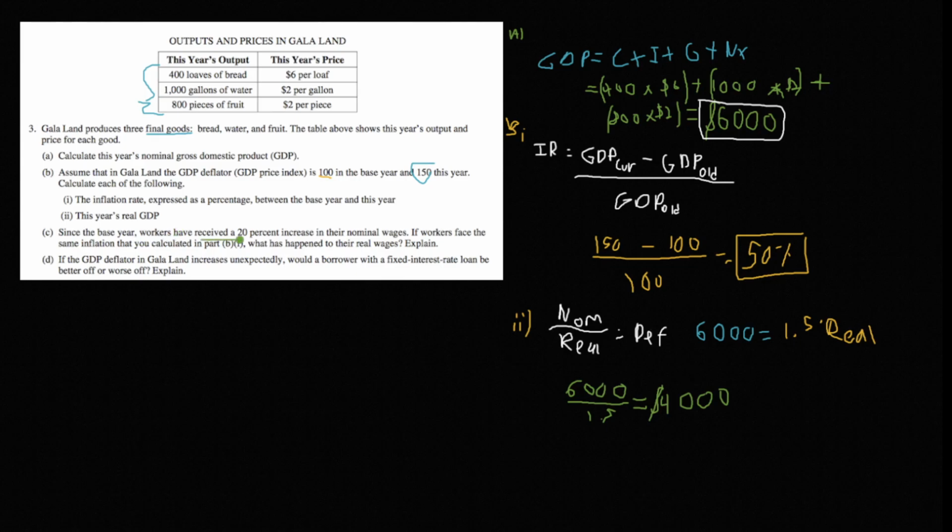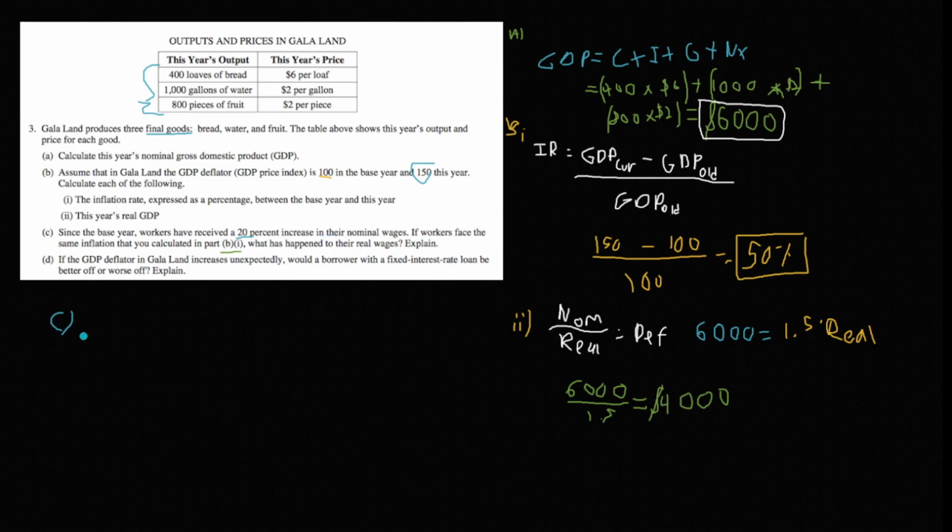Since the base year workers have received a 20% increase to their nominal wages, that's pretty cool. If the workers face the same inflation that you calculated in Part BII, what is the real wage? I haven't explicitly covered this, but we can work this out. Wages are increased by 20%, but we have this inflation rate of 50%.